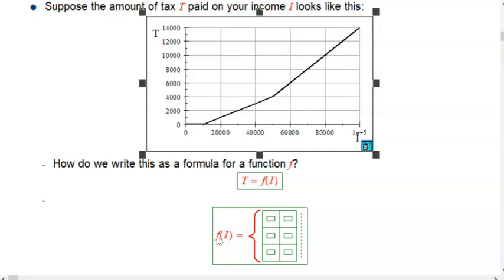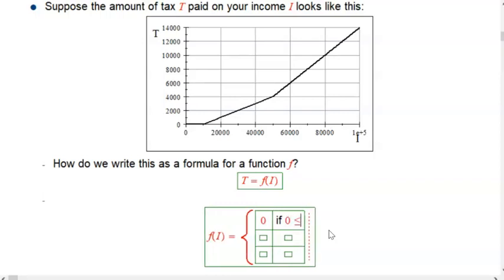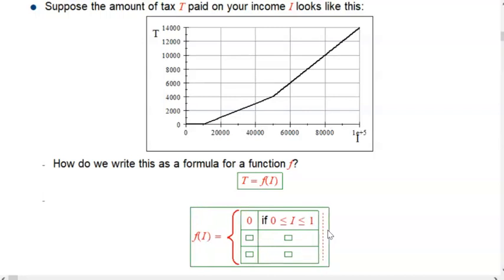The function f, this is one function with three pieces. It's going to be called a piecewise defined function. When I apply that to I, I have to do an either-or. And so let me write out what it looks like, and I'm going to explain the notation. So it's going to be 0 if 0 is less than or equal to I is less than or equal to 10,000.